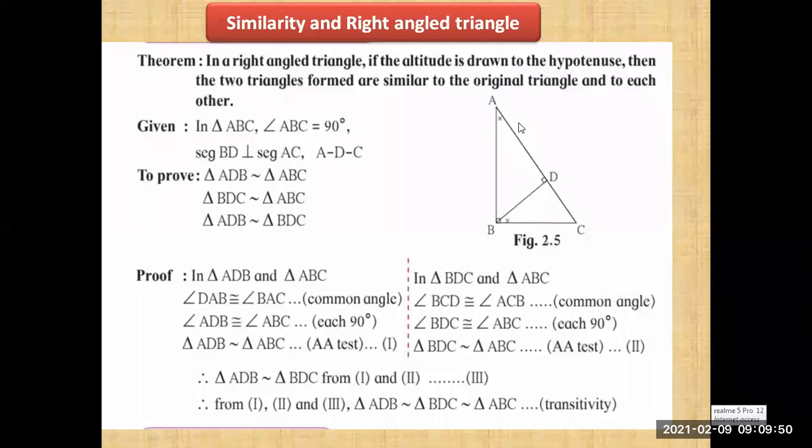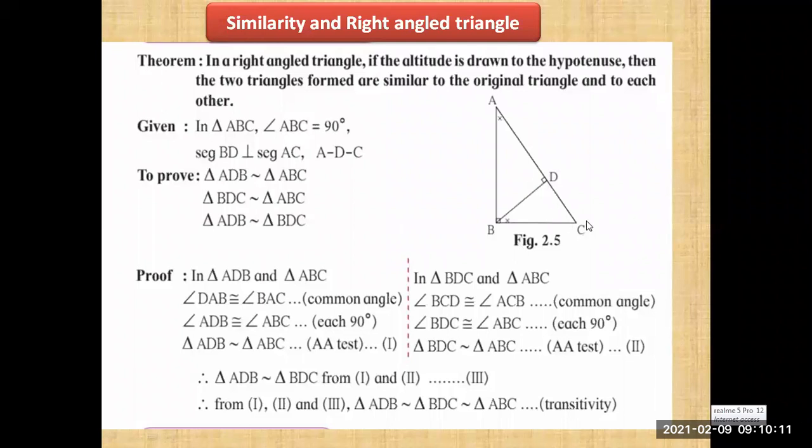Next condition, angle ADB is congruent to angle ABC, each 90 degrees. So according to these two conditions, these two triangles are similar by AA test. Simple.